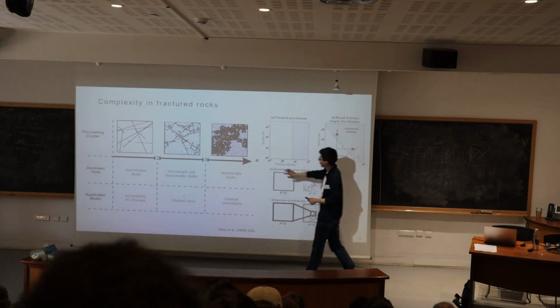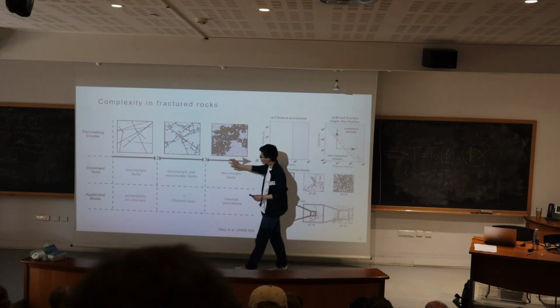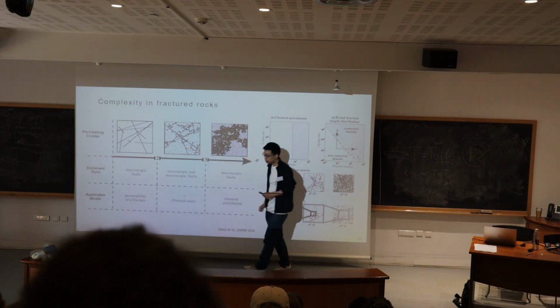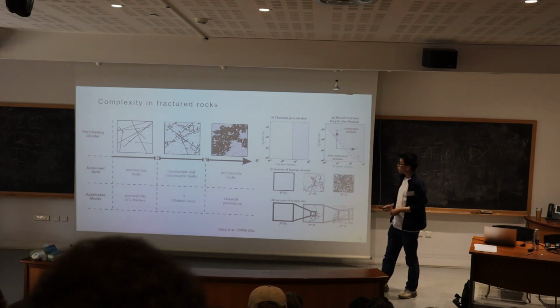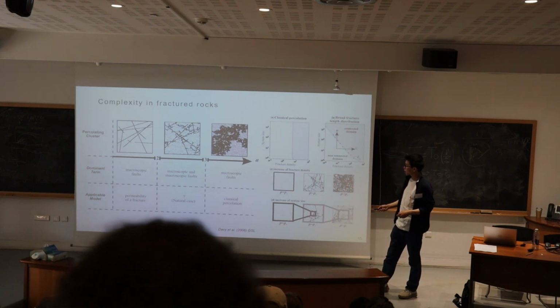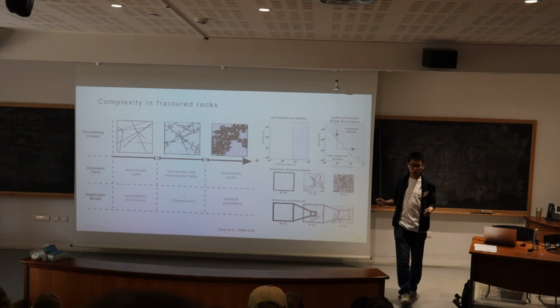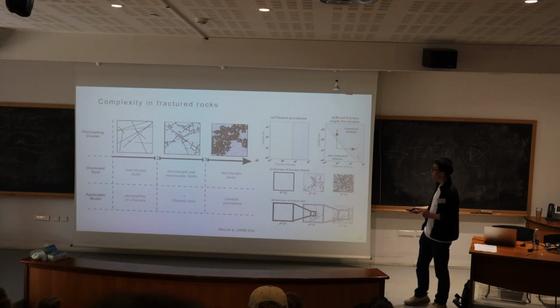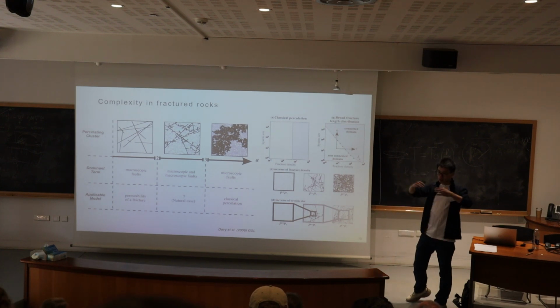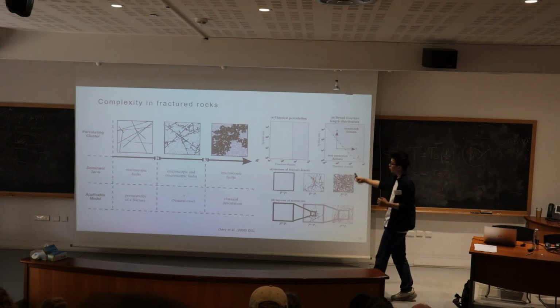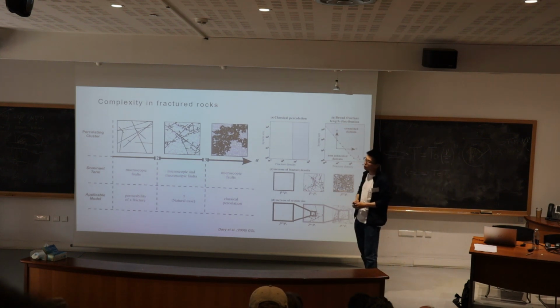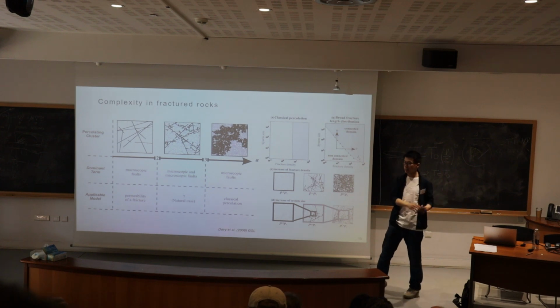When this power law length exponent is small, the system is characterized by large fractures. For this case, we can use the Snow equation, which is based on parallel and persistent fractures, more dominated by the large fractures. So we can use this type of model to do the analysis.